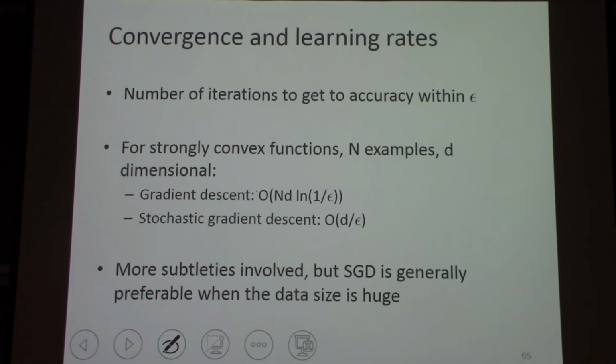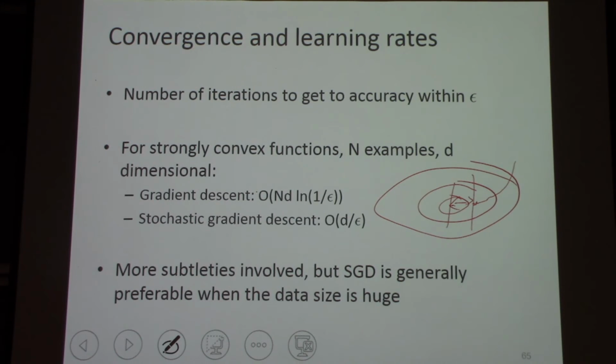Just as a toy example, suppose I draw these level curves, and we want to get to the absolute minimum. Maybe your optimization takes you along some path and you stop somewhere here. You've lost this much because you stopped early, right? It's a numerical thing. It's got nothing to do with learnability or such things.